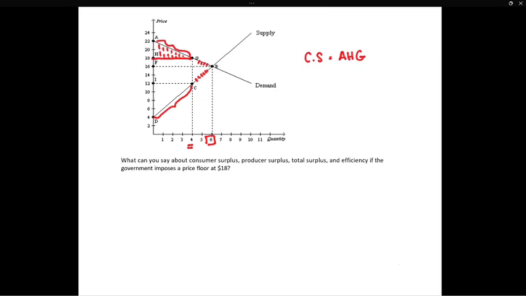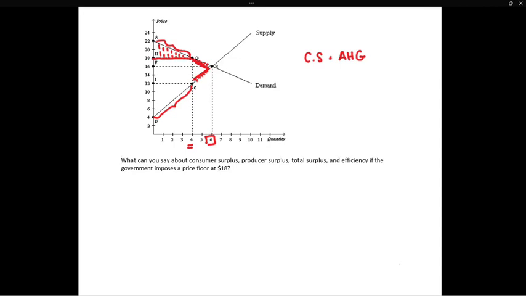And since the price floor blocks this trade between these buyers and these sellers, this trade does not happen, and only 4 units are bought and sold.